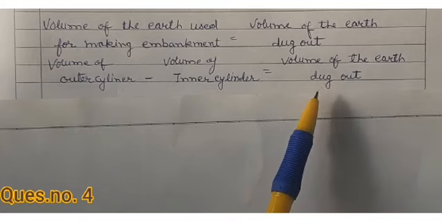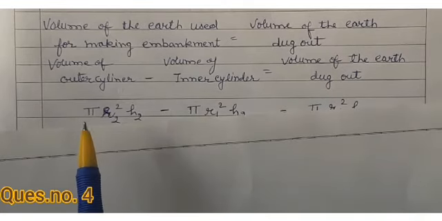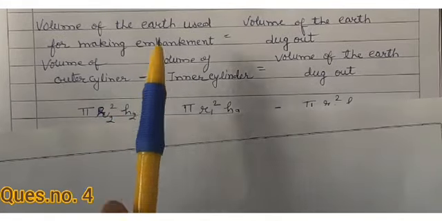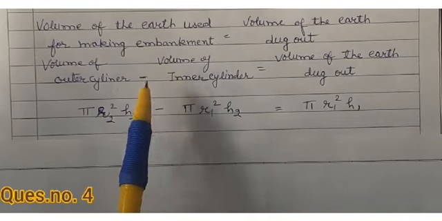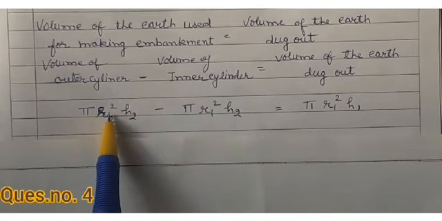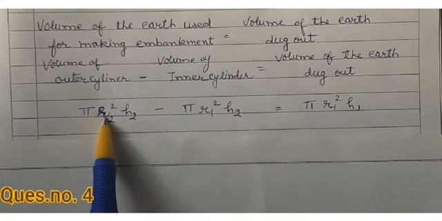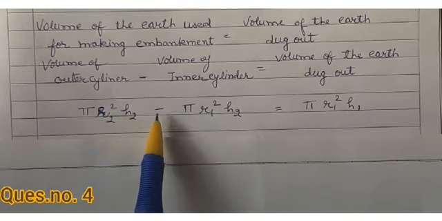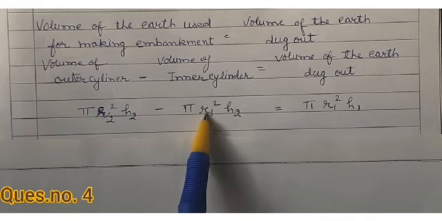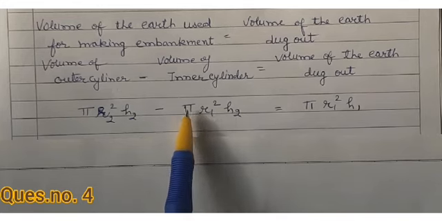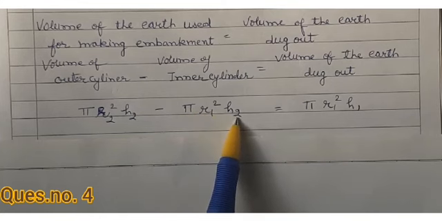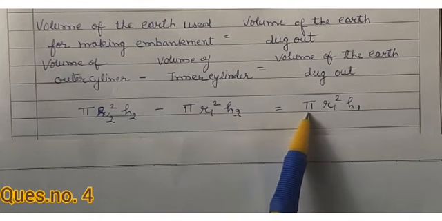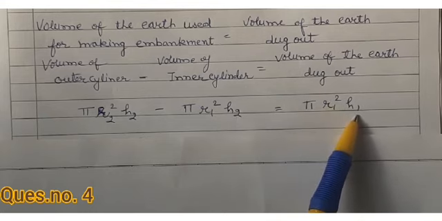Okay, now what is given? Volume of outer cylinder, what is the volume of cylinder? Pi r square h. So pi, the embankment radius is R2 square, then h2, and volume of inner cylinder, here I have to take the radius of that well, so pi R1 square h2, is equal to volume of earth dug out, so pi R1 square h1.